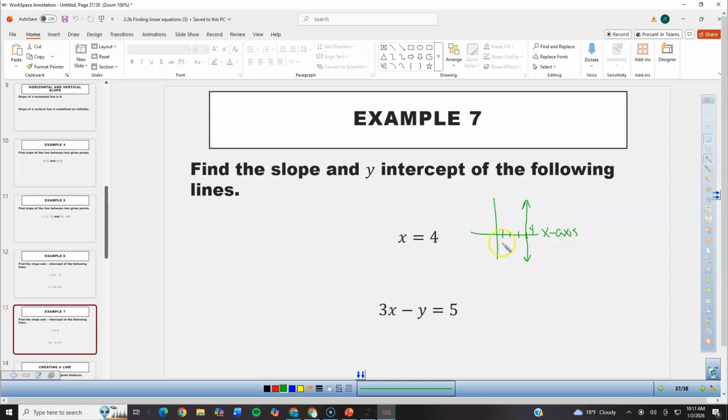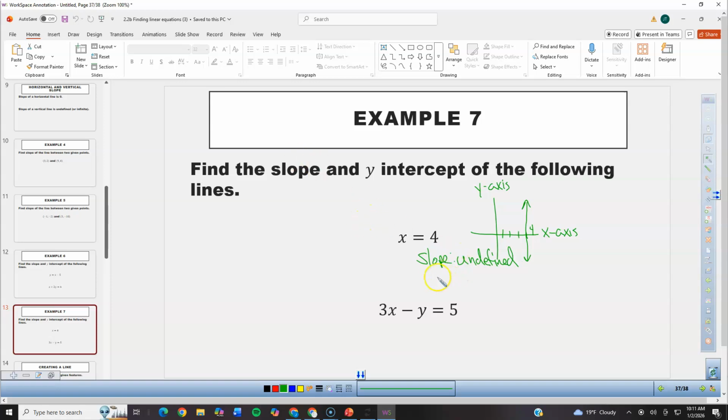Now remember, a vertical line does not cross the y-axis, so there's no intercept, and our slope is infinity over 0, and because we can't divide by 0, it's undefined. Not no slope. It has a slope. It's just undefined. I can't define it. Okay?